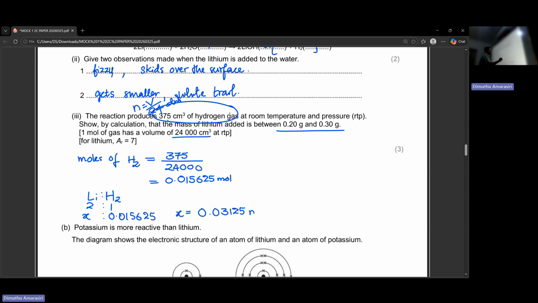That's lithium moles. Then how to find mass? So you apply n equals m over capital M. 0.03125 times lithium 7. Yeah, lithium 7. So then m is equal to 0.2.